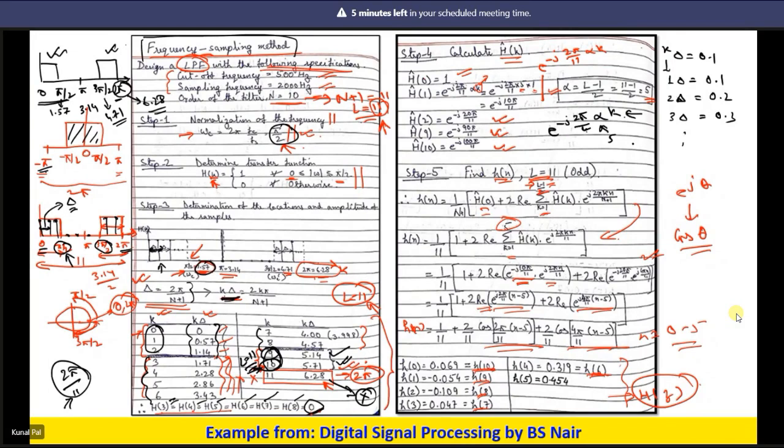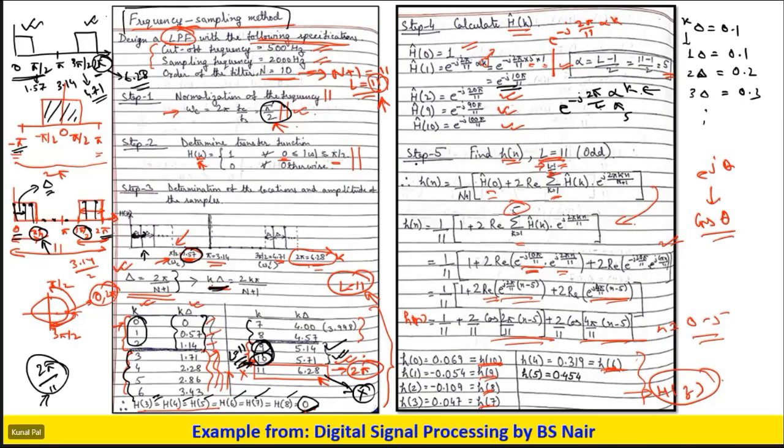For k equals 1, you get this value. For k equals 2, you get this value. Okay. Then 3, 4, 5, 6, 7, 8 are 0, so no need to take those. Then you come to h cap 9, because 9 and 10 you again have to take. So for 9 and 10 you take this value.